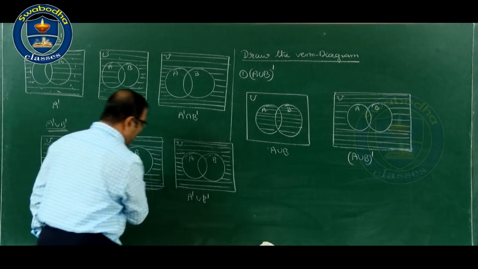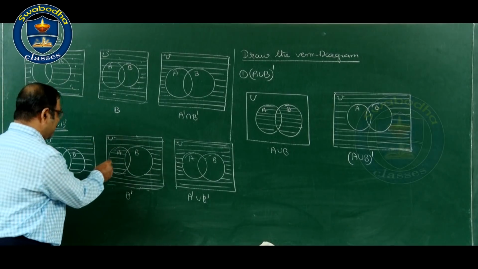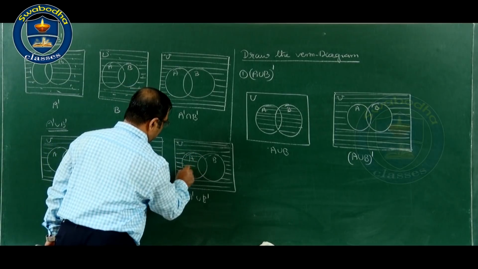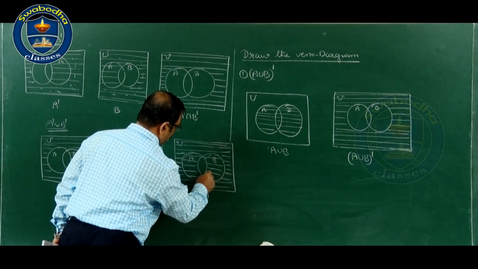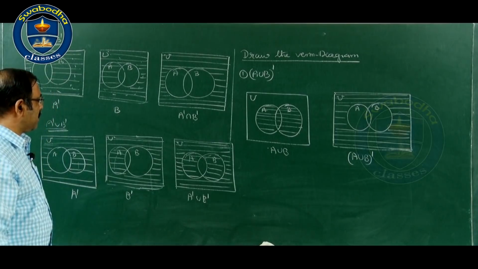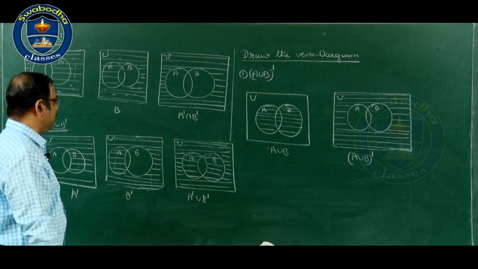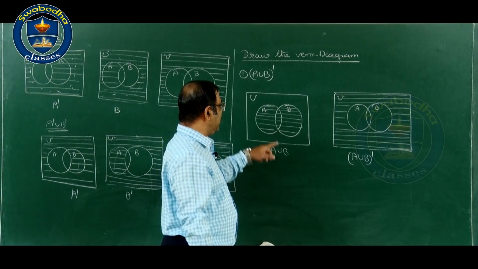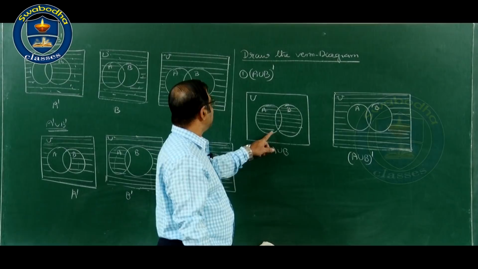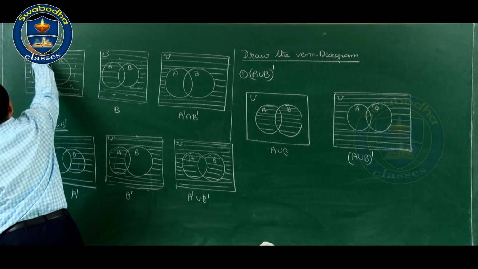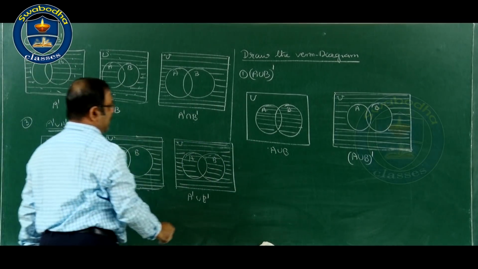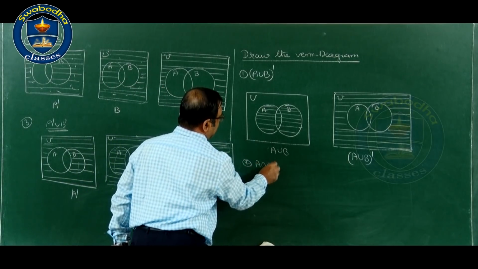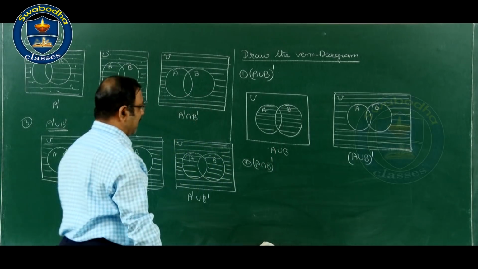Then what else we have to write? Union means this portion is needed, this is also needed. Therefore this is A complement union B complement. So first write A union B. What is A union B? See this is 2, then this is 3, then I will write A intersection B complement.